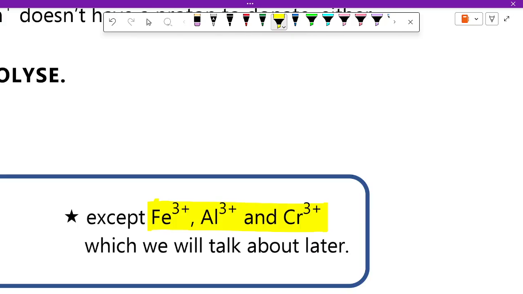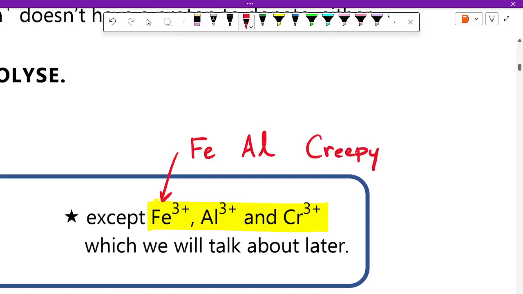And we'll talk about why, just not yet. Those 3 ions are weird, right?